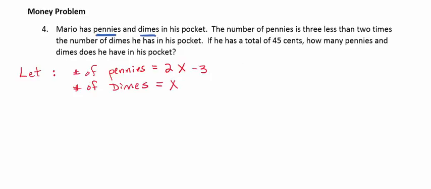Now, if he has a total of 45 cents, how many pennies and dimes does he have in his pocket? So that's really what we're looking for. So if I add all of these up, I should get an answer of 45 cents. If I add the pennies, the 2x minus 3, to the dimes, which is x, I should get 45 cents.